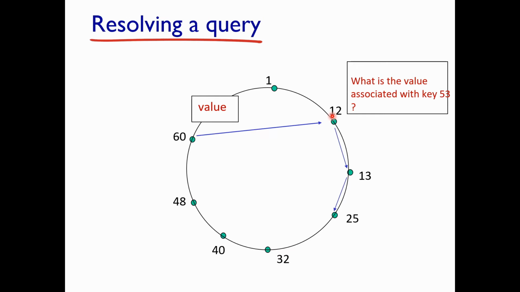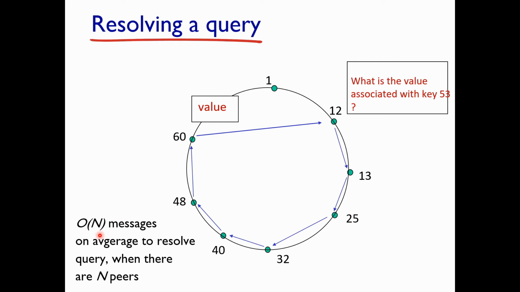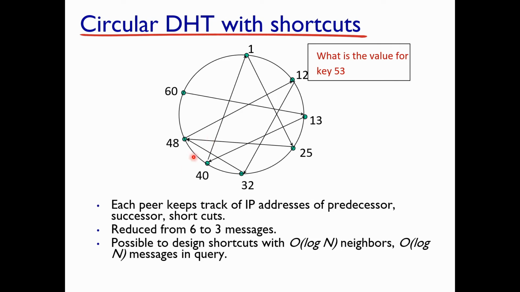Then 13 will send the query to its next successor. It goes on. So finally it goes to the node 60 whose value is closest to the key. Then it will retrieve the value for the key 53 and send the value to the requesting node. So if you see, the complexity is n messages to resolve a query when there are n peers.